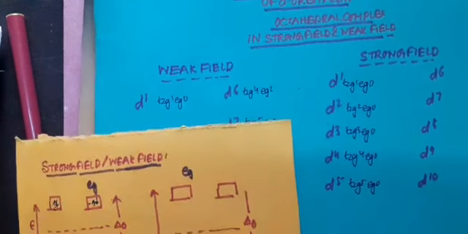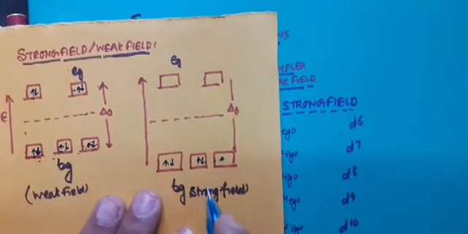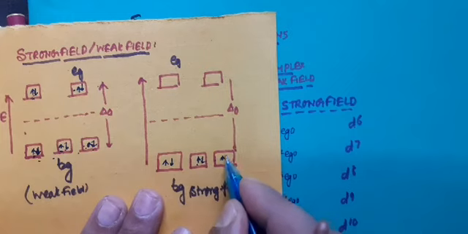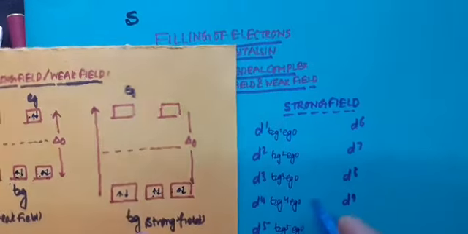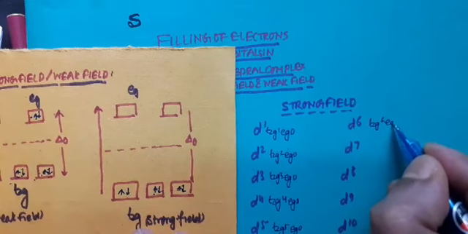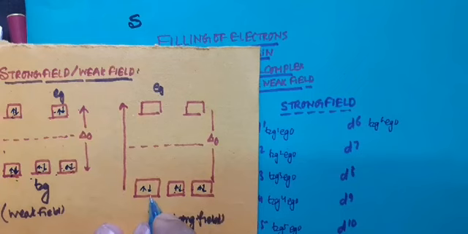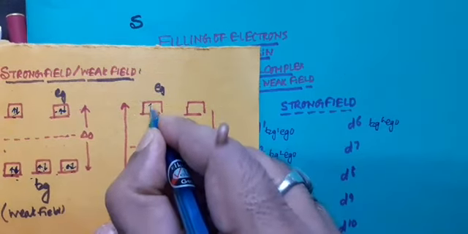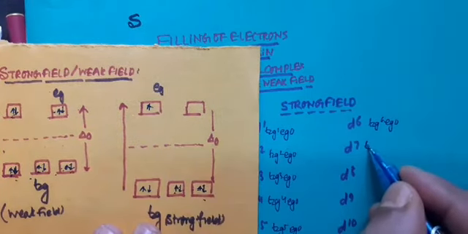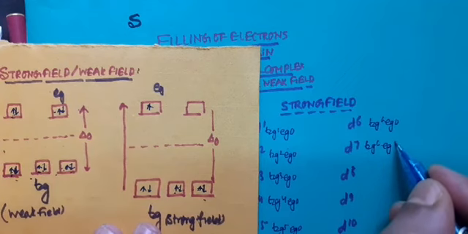For D6, 2, 4 and 6, so it will be T2G6 EG0. For D7, 6 electrons in T2G and 1 electron in EG, it will be T2G6 EG1.